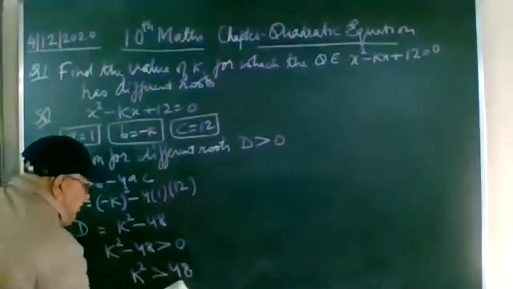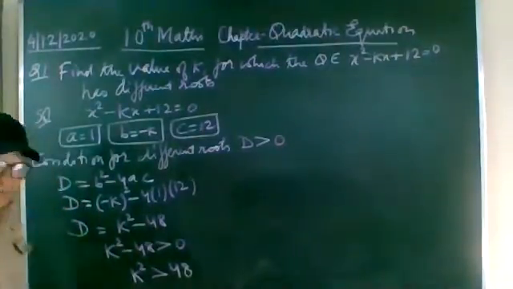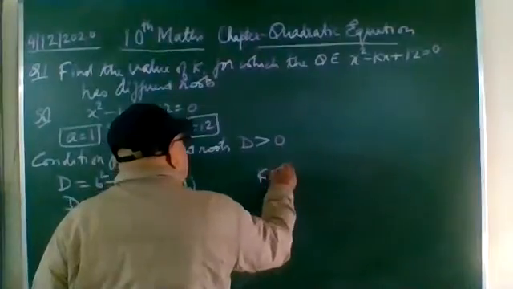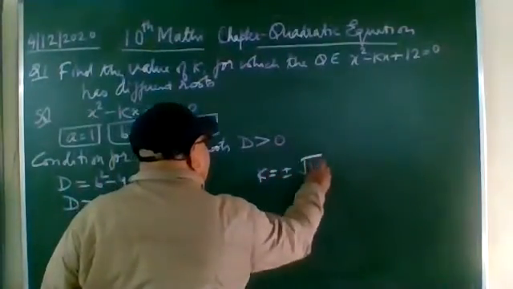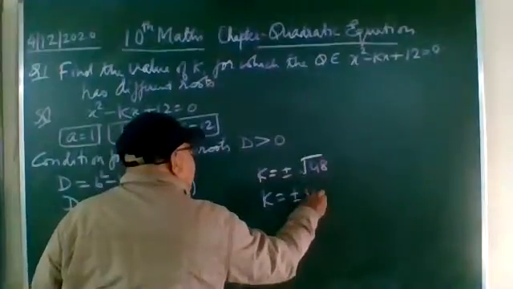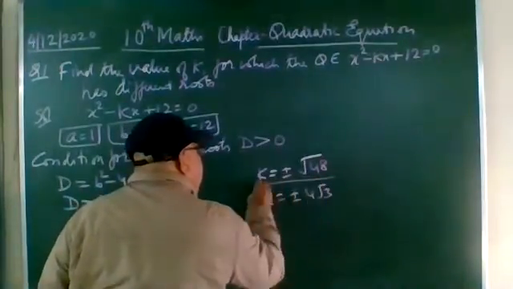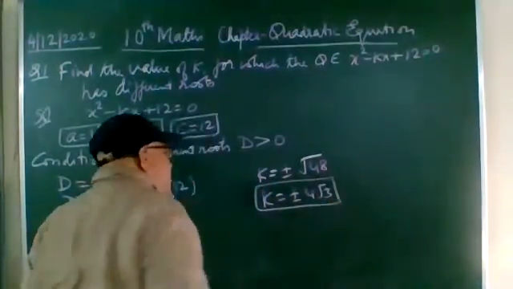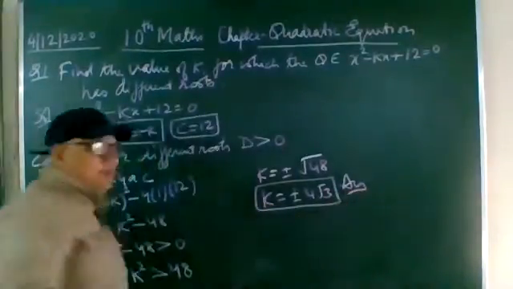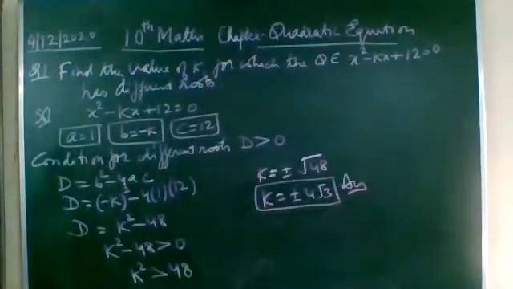That is, you take the square root of k square, that is k equal to plus minus under root 48. So k equal to plus minus 4 root 3. Plus minus 4 root 3 is the answer. This is the way you have to find the value of k.